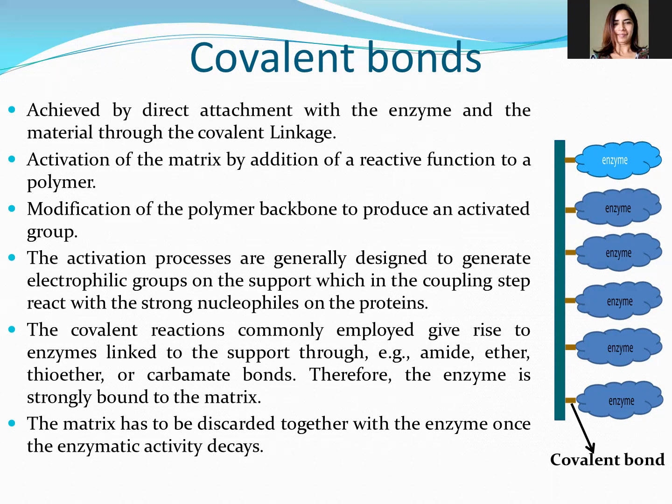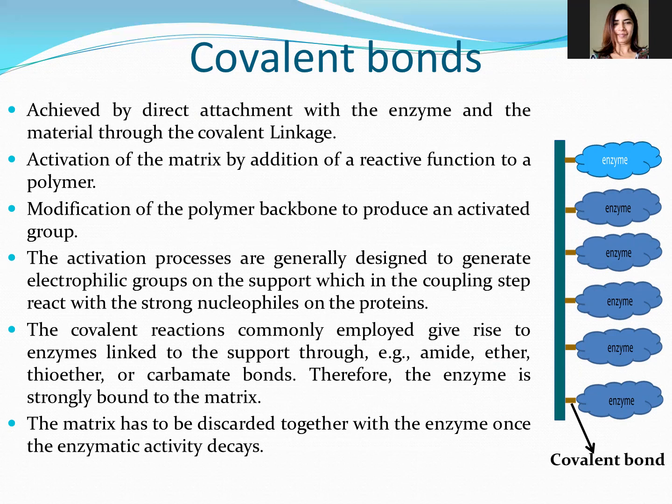A number of chemical reagents and protocols are available for covalently linking an enzyme to the matrix. In covalent coupling, the enzyme can be directly attached to the matrix through covalent linkages. Covalent linkages are strong and stable, and the support material for the enzyme includes polyacrylamide, porous glass, agarose, and porous silica.